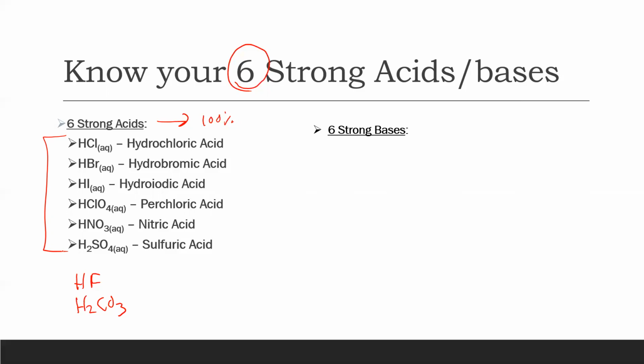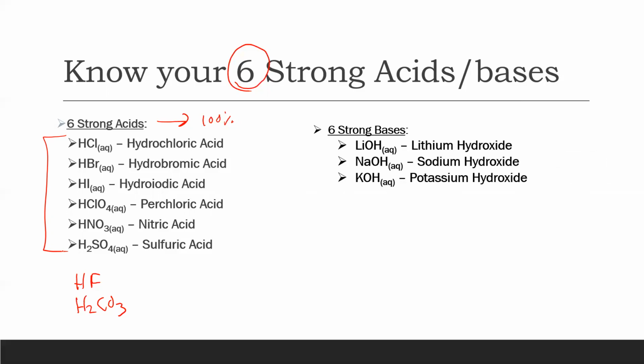What about the strong bases? I actually think the strong bases are much easier to remember. The first 3 that I want you to remember: look at your periodic table. If you go to group 1A, alkali metals, lithium, sodium, and potassium go down the group. Lithium hydroxide, sodium hydroxide, and potassium hydroxide are all examples of strong bases.